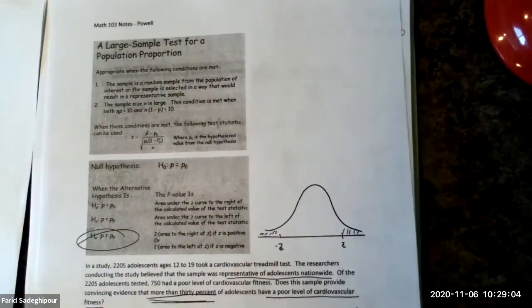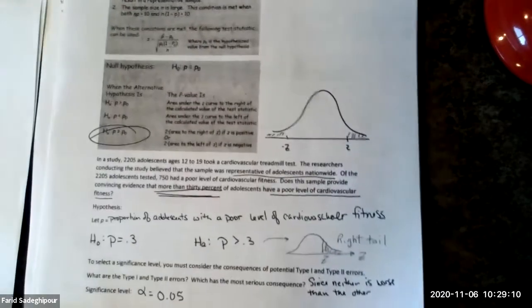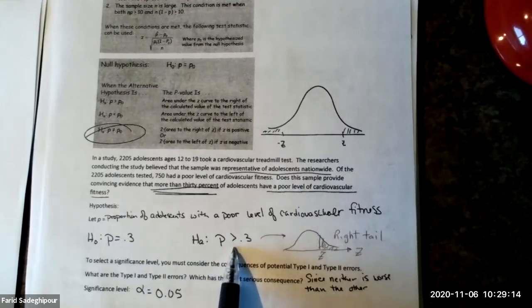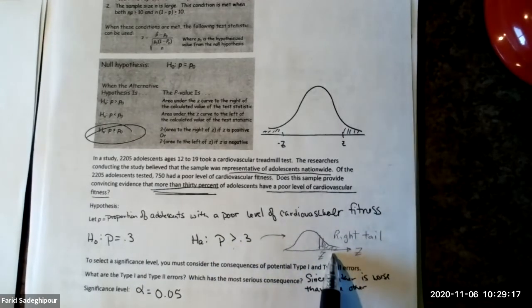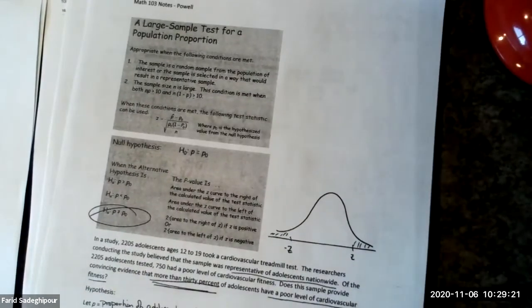So these are some of the things that you could study yourself. Here are different explanations. And when you do the problems, the alternate hypothesis symbol always determines the area. Let's think of another example.